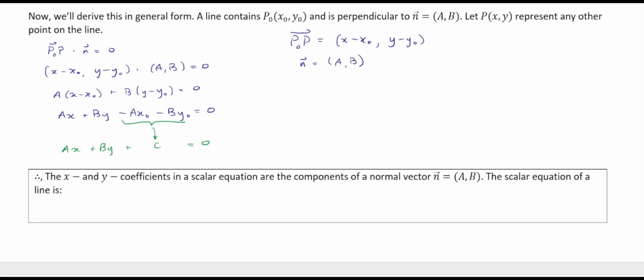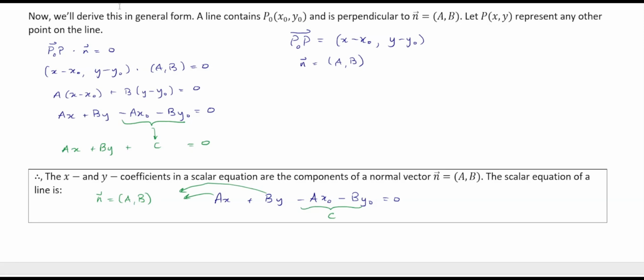And the scalar equation of a line is given as ax plus by minus ax0 minus by0 is equal to 0, and we recall that that is just our constant. We just relabel that as the constant c, and we have to remember that a and b are the components of the normal vector, the vector that is perpendicular to the line.